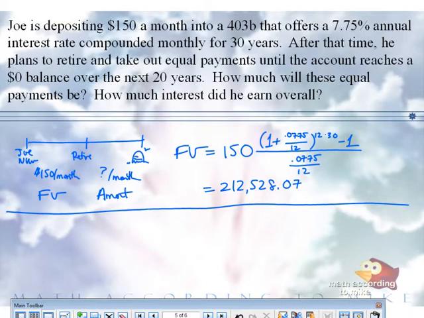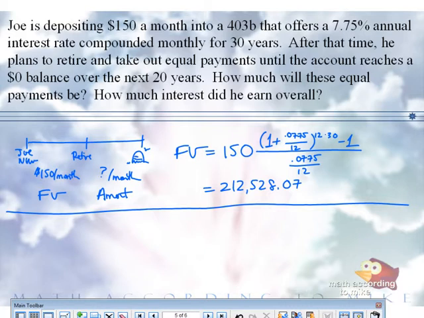He gets to look forward to a lifetime of golf and watching the Golf Channel. So now he has $212,528.07 in his account when he retires. So the future value now becomes the present value because he's retired.